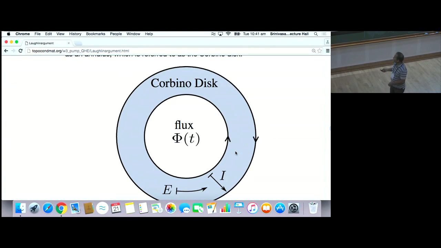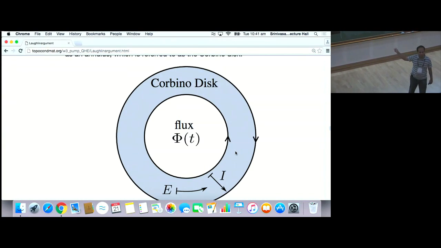You apply a magnetic flux right to the center of this annulus, and you increase this flux by a flux quantum, or a few flux quanta, slowly. Now, every time your flux changes by a flux quantum, what do you think happens that connects it to the Thales pump? Someone want to say?